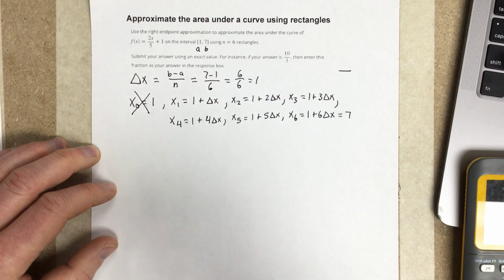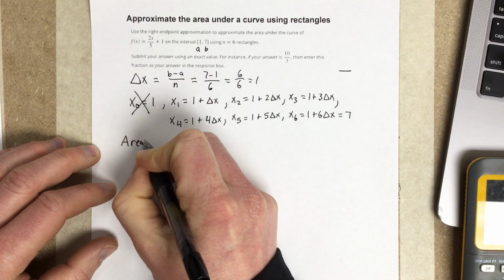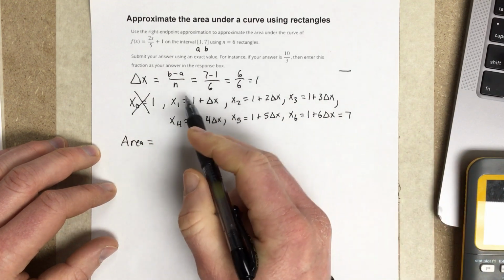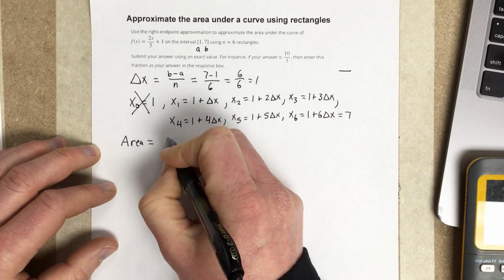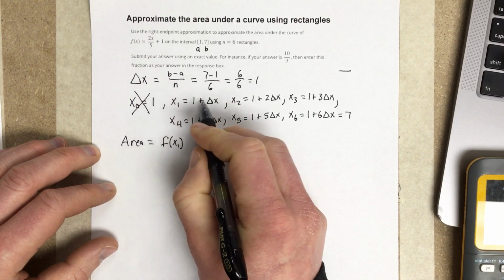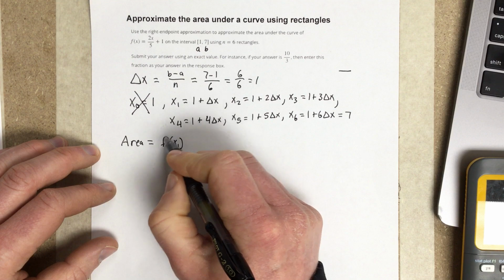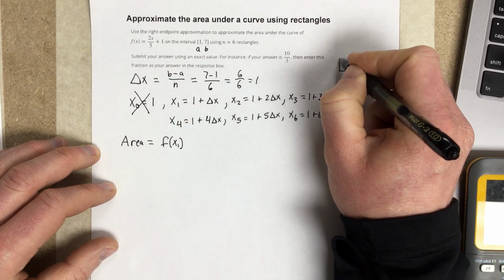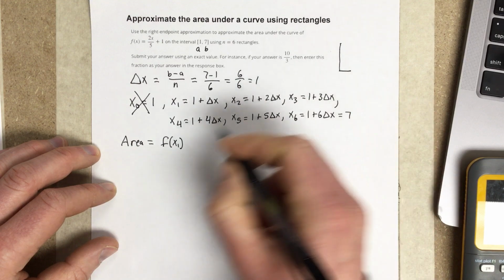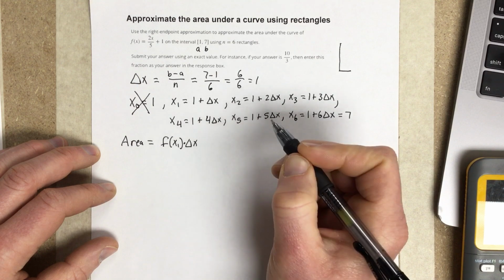Now what we're going to do is say that the area is going to equal, if I take f of x1, I'm getting a y value here. So I take x1, which in this case would be 2, and I'm finding a y value, which would be my height for my rectangle. So I've got the width, which is change of x, that I need to multiply times f of x1, which is the height.